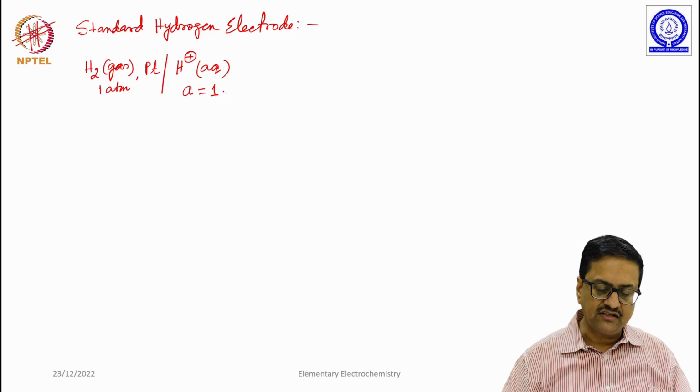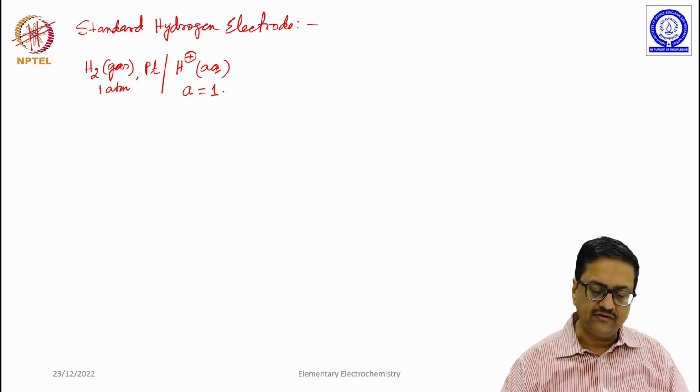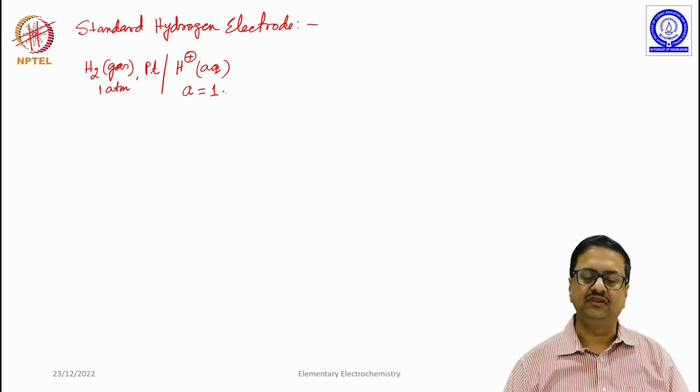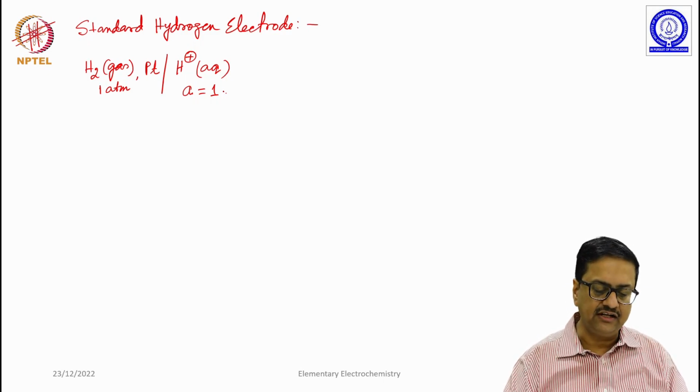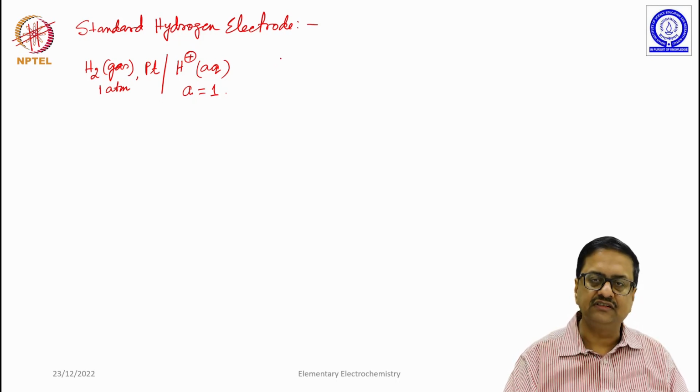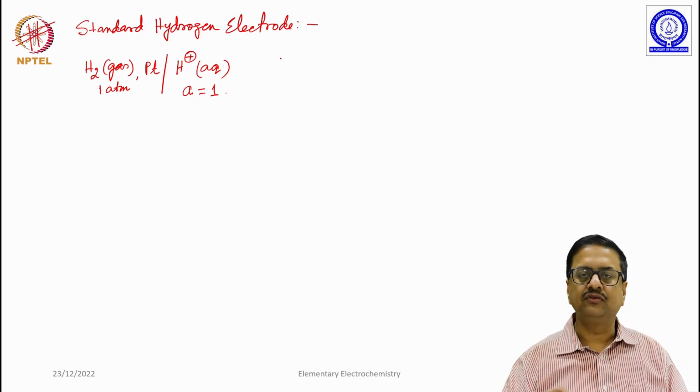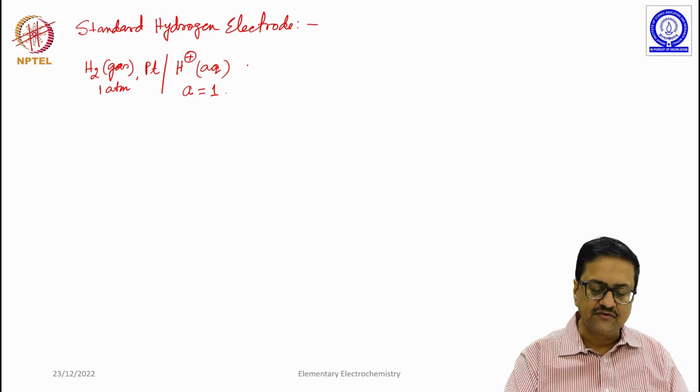If such a condition is achieved, that you have a solution of H+ ion of activity 1 and you are passing H2 gas at 1 atmospheric pressure at the platinum electrode, then the reaction is half H2 giving H+ plus electron.